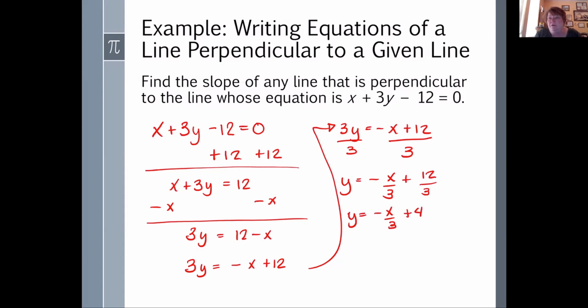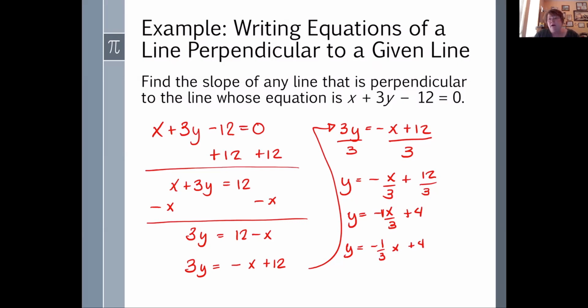And we're going to rewrite that first term in terms of a fraction times x. So we have an understood 1 in front of the x. So we're going to write that as negative 1/3 x plus 4. So that is the slope-intercept form of the equation that we were given.